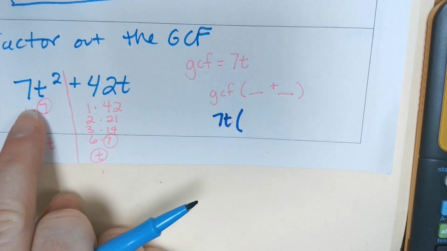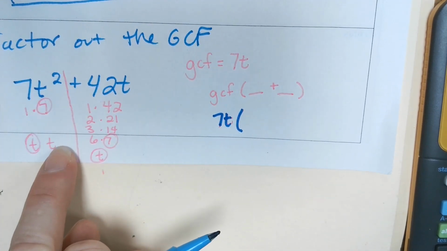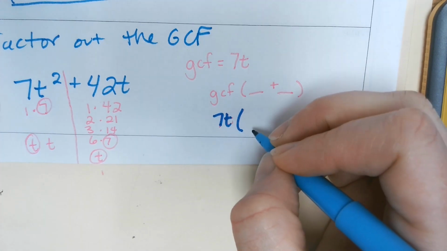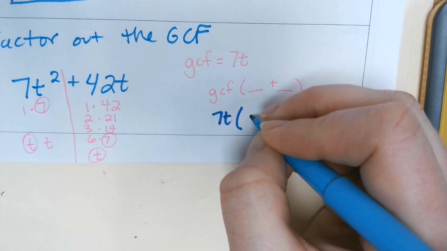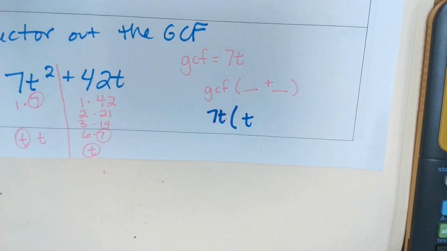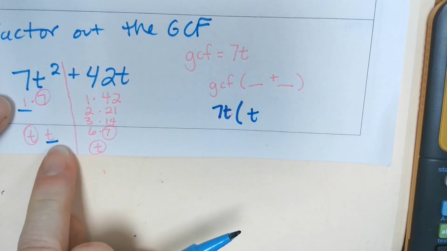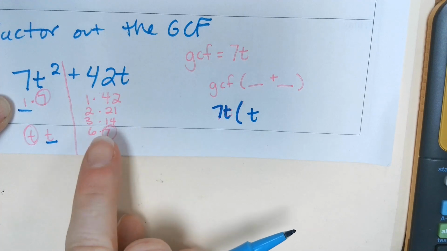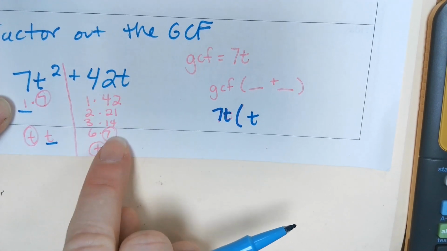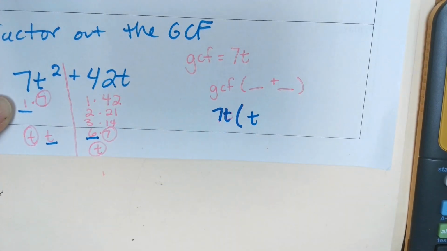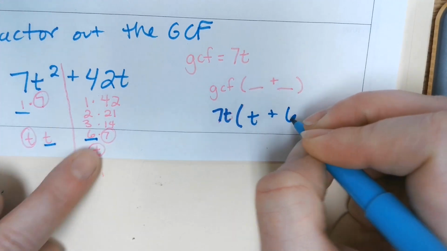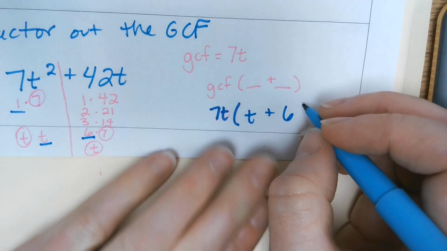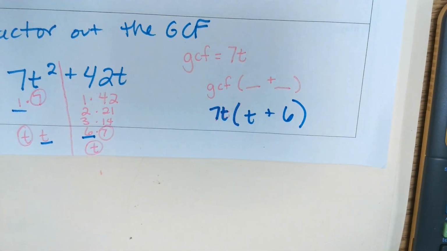So for this one, we have a 1 and a t. So we would write 1t, or the same thing would just be a t. So it'd be like 1t. That's the match. And then we look over here. What's the match to 7? 6. So it'd be plus 6. And there's no t's left that I can underline. So that's how we can factor. So it's in its fully factored form.